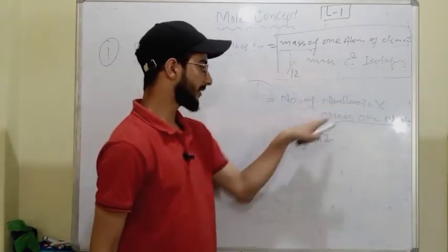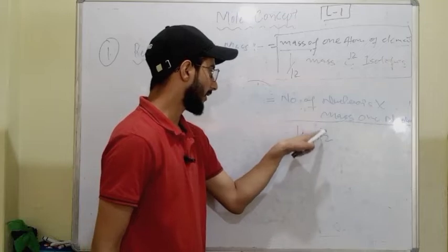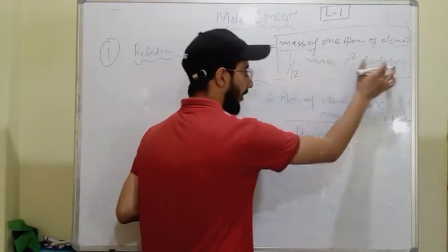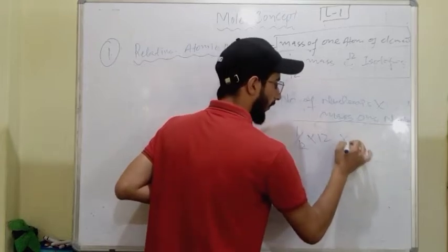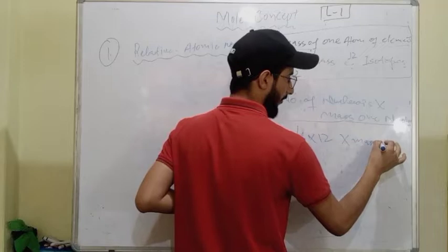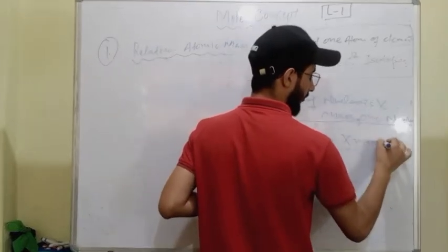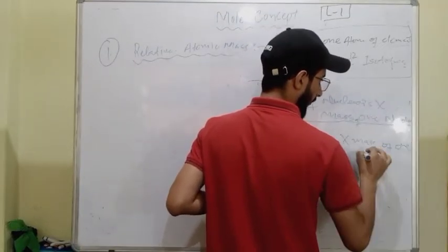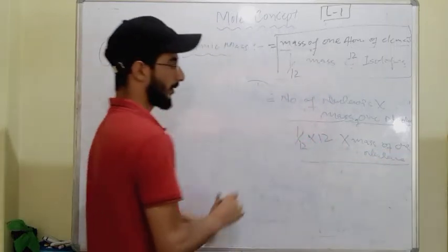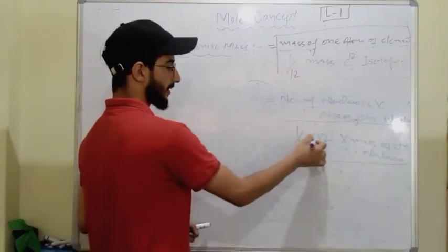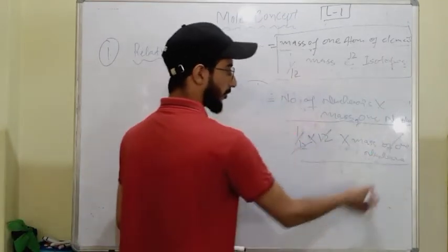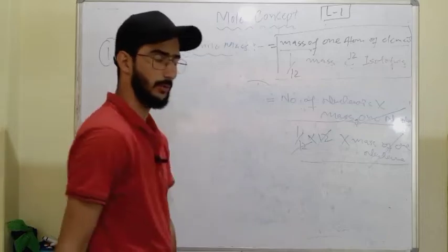So the number of nucleons present in carbon, 12, into the mass of one nucleon. So here this 12 and this 12 will cancel, and this mass of nucleon and this mass of nucleon will cancel.